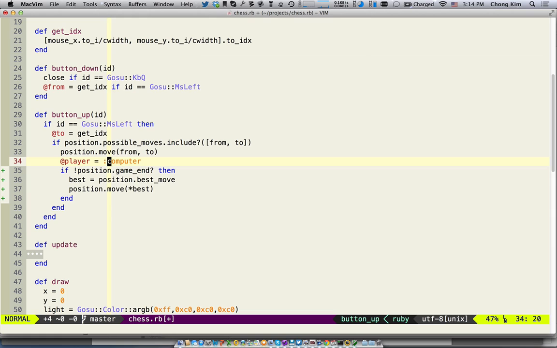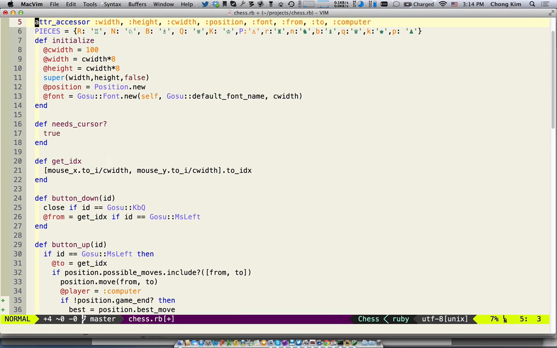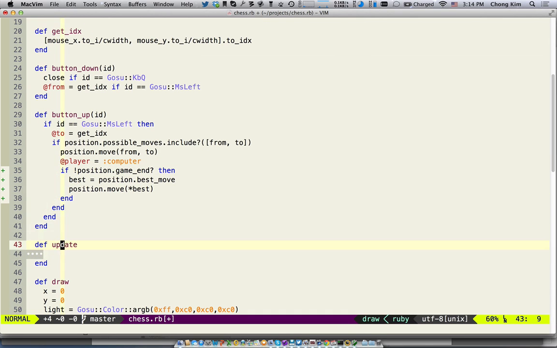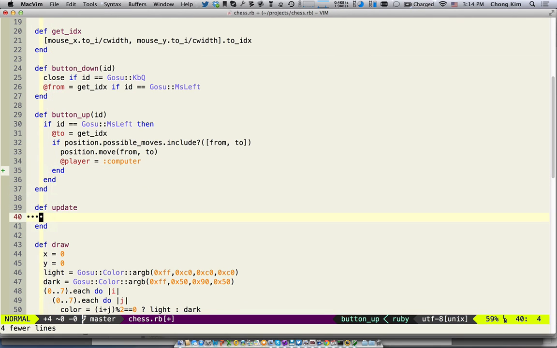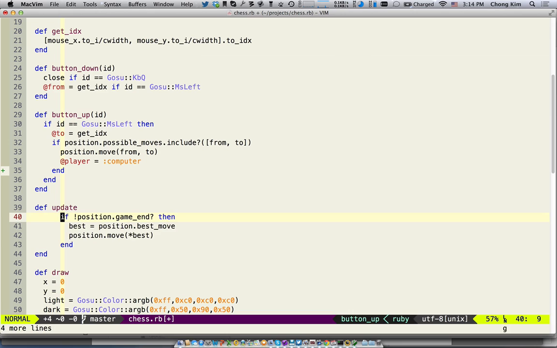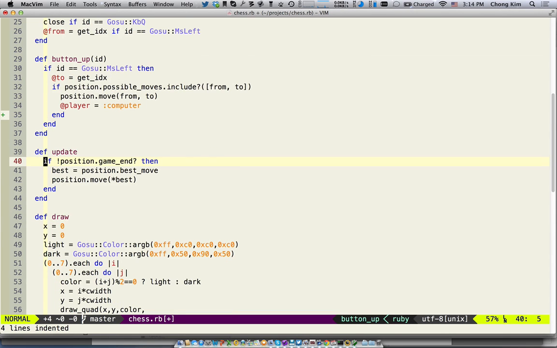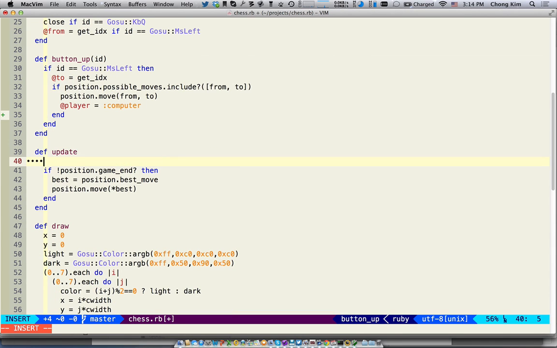Actually, not computer. It should be player. All right. And inside of update, okay, we can move this in here now. We only want this if the player is the computer.